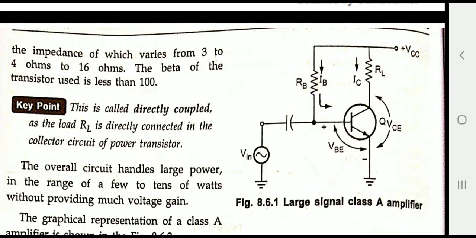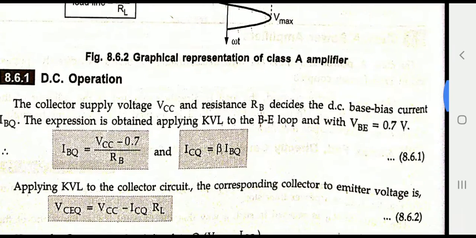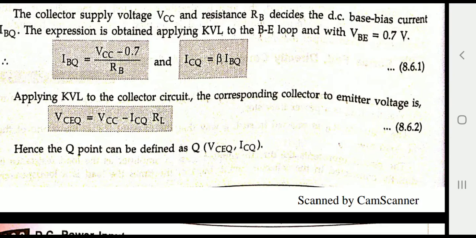From this I can obtain the equation: VCC minus IC RL minus VCEQ equals 0. If I rearrange this equation, I get VCEQ equals VCC minus ICQ into RL.